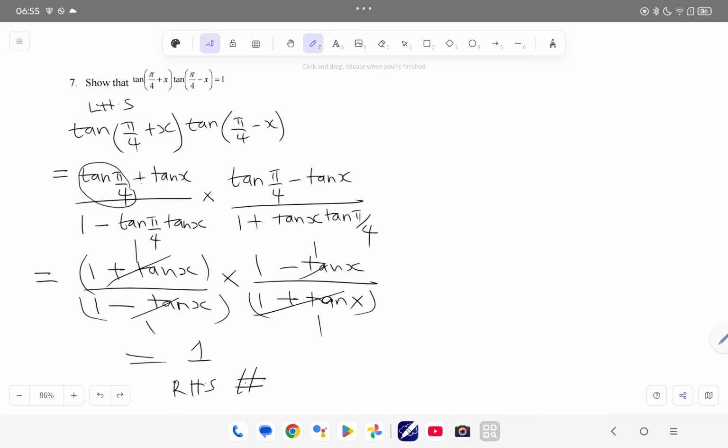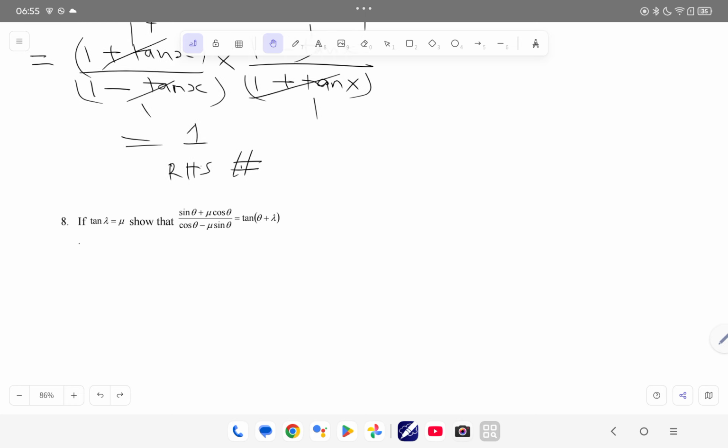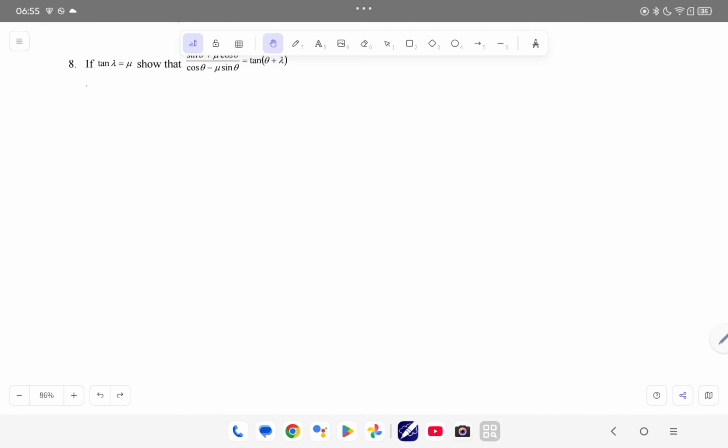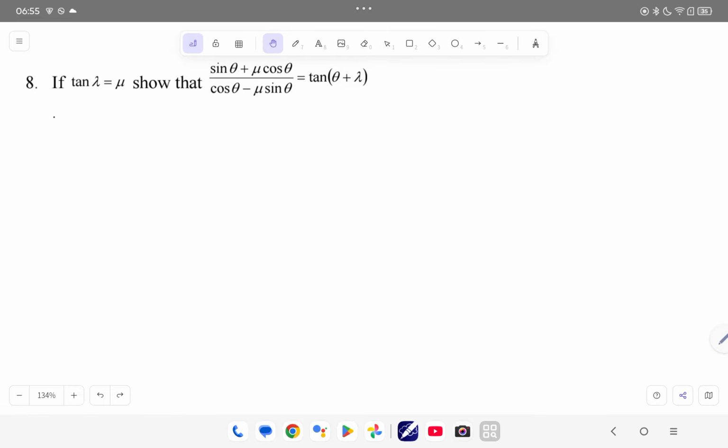Hence it has been proven as required. Next question we have: if tan lambda is equal to mu, show that sin theta plus mu cos theta over cos theta minus mu sin theta is equal to tan of theta plus lambda.